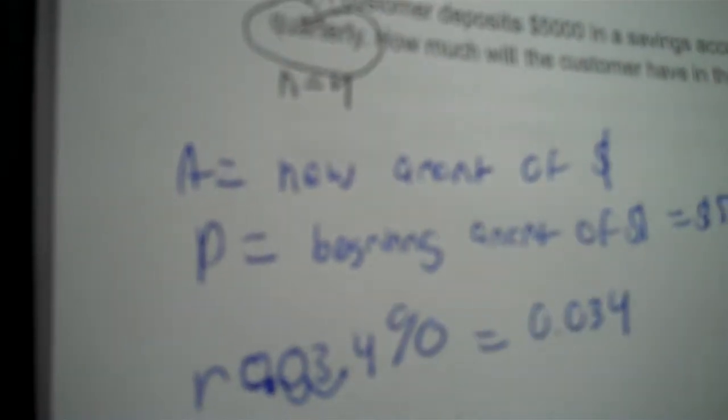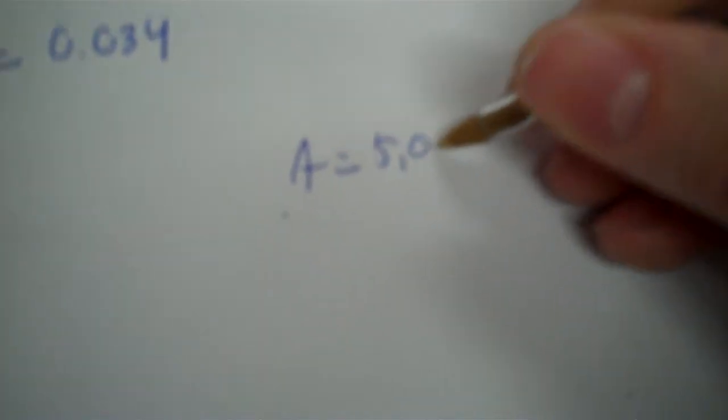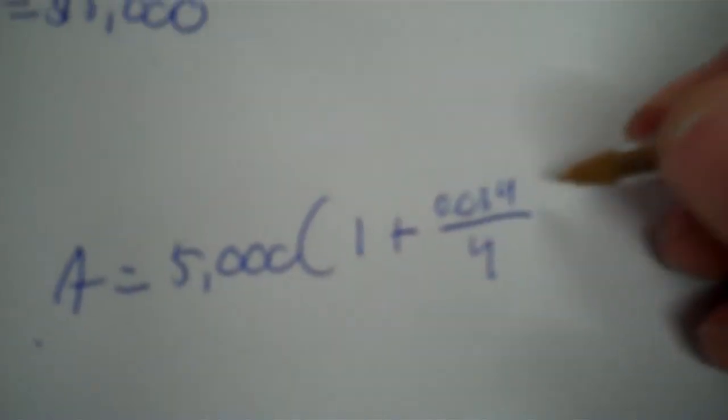Quarterly is 4. T is the years. So now you put it in. A is what we're trying to find: 5,000 times 1 plus the rate, 0.034, divided by 4, and then your exponent, N times T, 4 times 7.